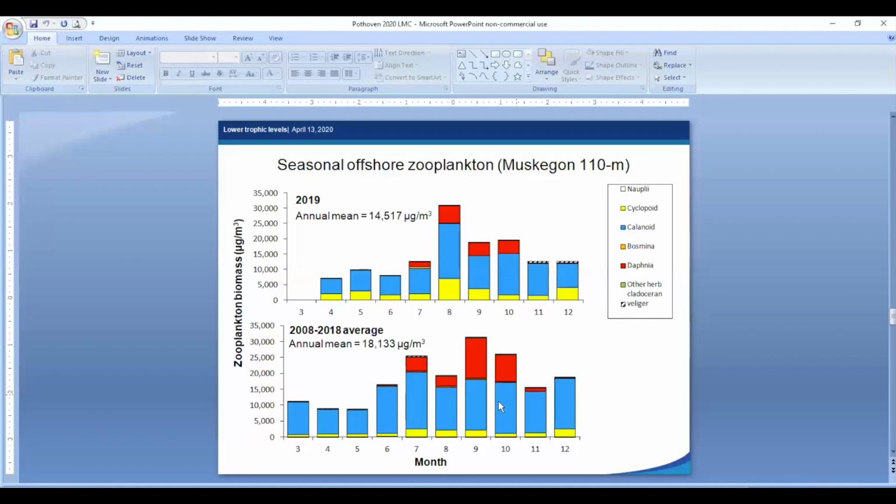That's related, in large part, to lower biomass in the late summer, early fall. And the big difference is lower Daphnia. So 2019 didn't appear to be a good year for Daphnia, and the Daphnia usually peaks in the late summer, early fall. It was interesting, though, that in 2019 we saw quite a bit of cyclopoid copepods relative to what we'd see on average.